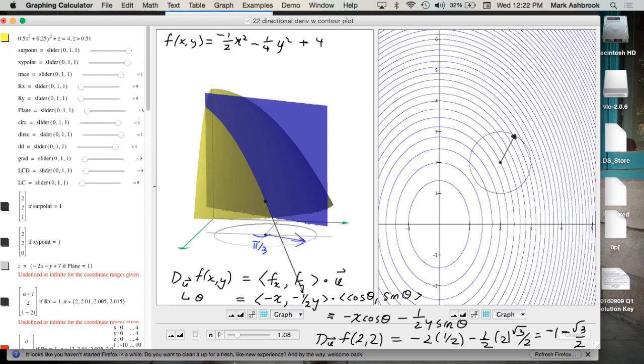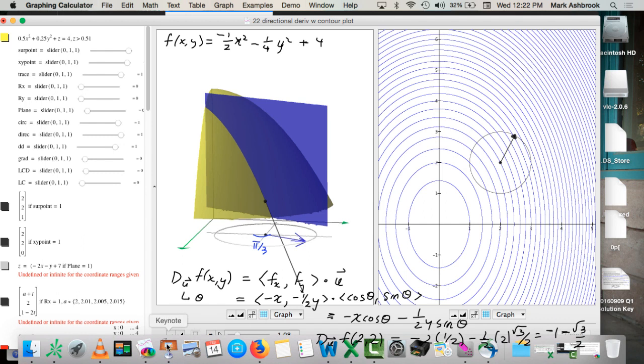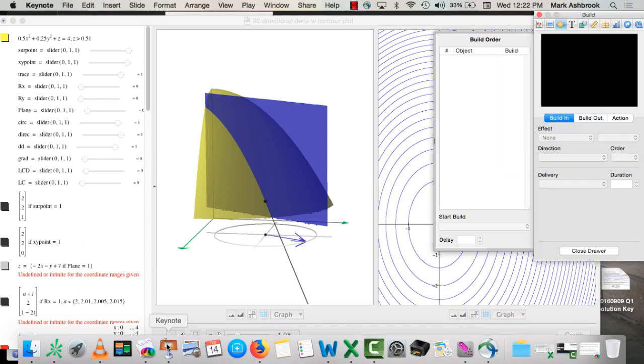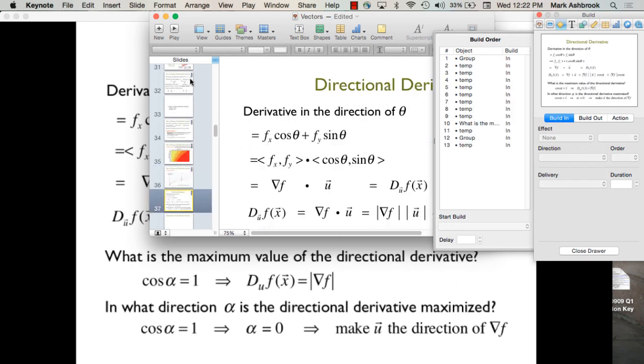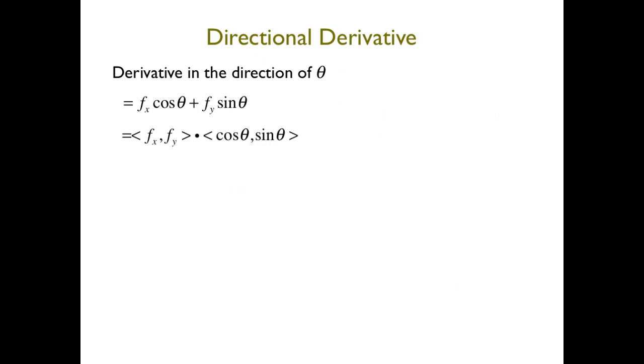Okay, so let's develop this a little bit further. We're talking about the derivative in the direction of theta. We know that that's the partial of x times cosine plus the partial of y times sine. And we made that into vectors and made it into a dot product.